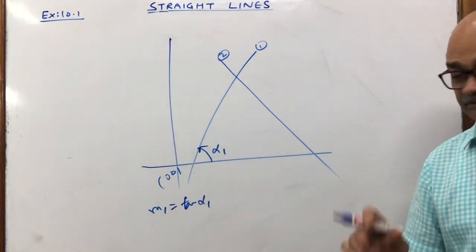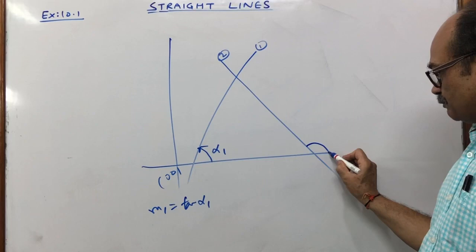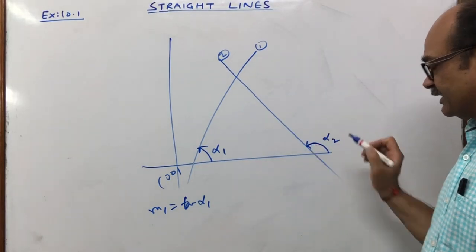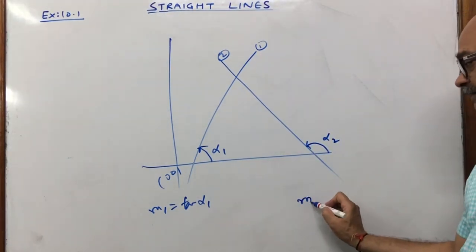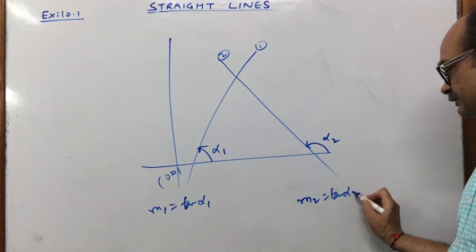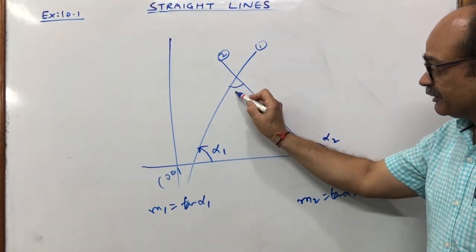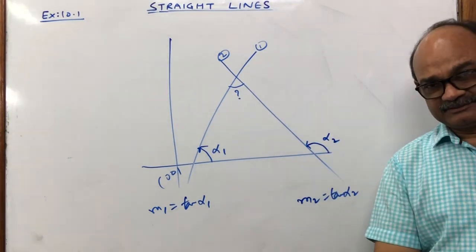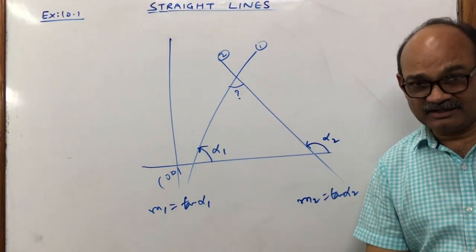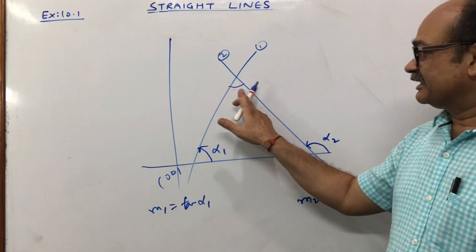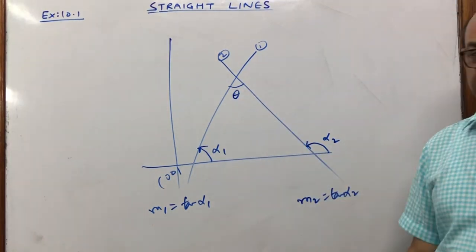And line 2 makes angle alpha 2, so m2 equals tan alpha 2. We want to calculate the angle between the two lines. Suppose this angle is theta.